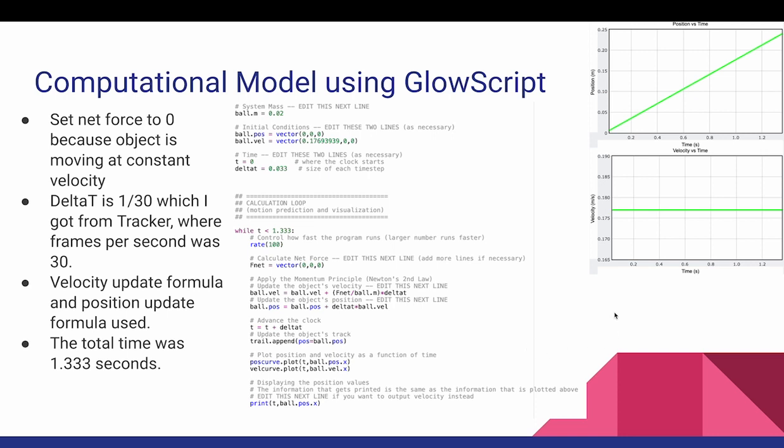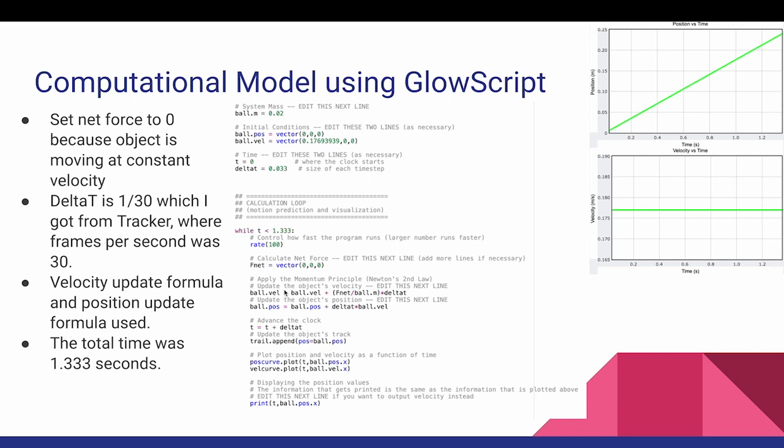So then I went to GlowScript and put the information in to get the computational model. So the net force is 0 because the object is moving at a constant velocity. Change in t is 1 divided by 30, which I got from the Tracker, where it said that the frames per second was 30.